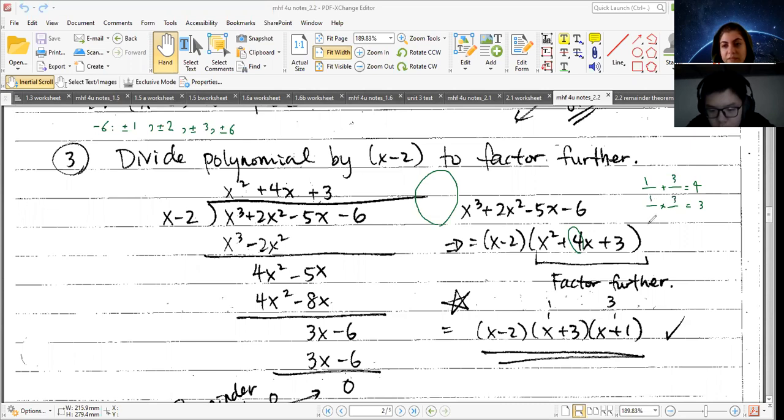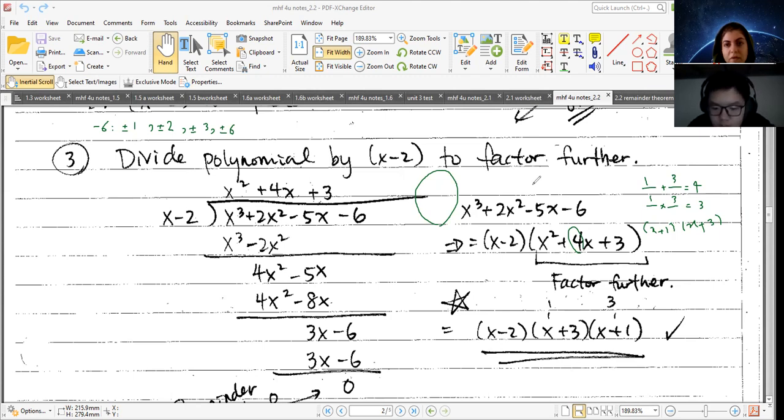Therefore, the factors of this are x plus 1 and x plus 3. Go back to the method of factoring that you learned in grade 11. So x^2 plus 4x plus 3 you can write as (x plus 3)(x plus 1), and the x minus 2 you got from the previous step. Did you understand? Any question?